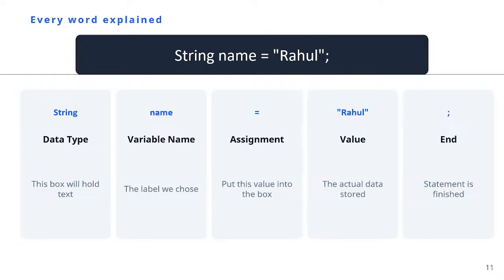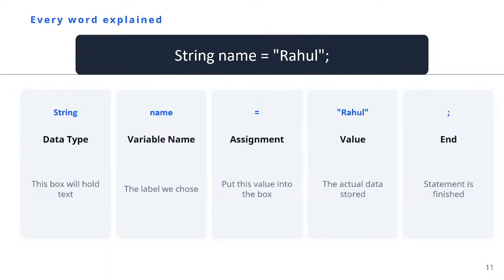So this is the name, the label we choose for the box. And the equal to sign means we put the value in this box. Okay, Rahul, this is the actual value we are storing. The semicolon tells Java that this instruction is finished.